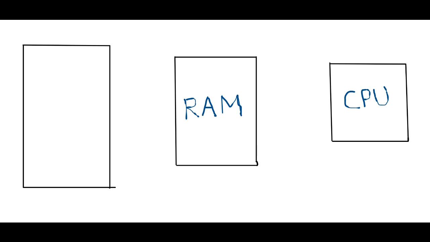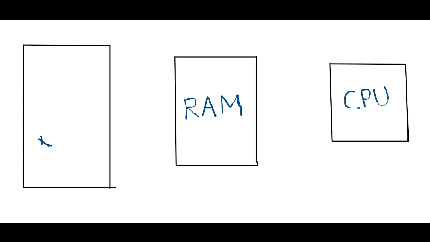One last piece of the puzzle. Where does your program actually live and how does it run? Your source code is saved in secondary memory, a non-volatile memory like a hard disk or an SSD. Non-volatile just means it doesn't get erased when the power turns off.